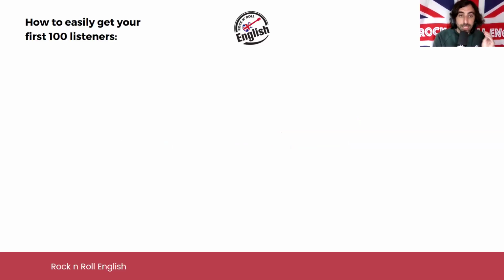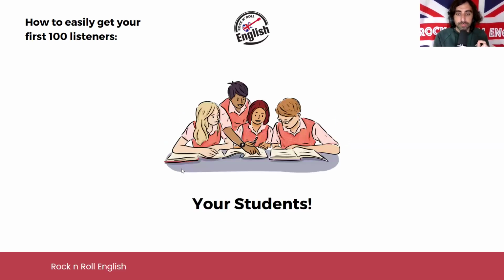So now here's how to easily find your first 100 listeners. Now everyone listening, I believe, is a teacher, so you can do exactly the same thing I did. Use these people, your students. For the first, I don't know, 6 months, I suppose, every lesson, I am an ESL teacher, my homework to my students was listen to my podcast, and then we would spend the first 5 minutes of the next lesson talking about it.